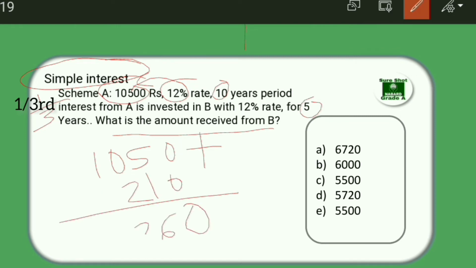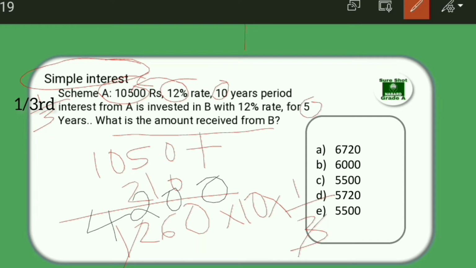So 1260 is 12% of 10,500, for 10 years. We need 1/3 of this amount to invest in scheme B. This is 4200.